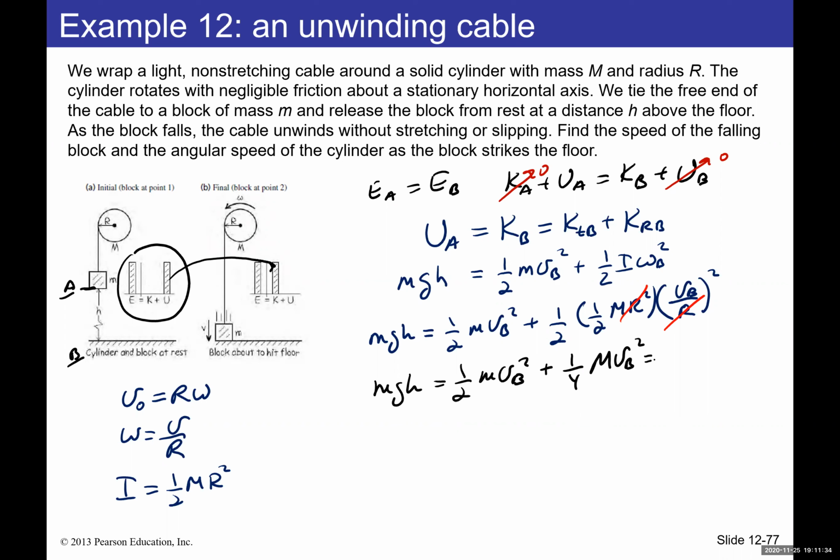So then here I can factor out. I can say it's 1/2 m plus 1/4 M, times vb squared, and then just solve for vb. Rearranging, vb equals the square root of 2gh over 1 plus M over 2m.